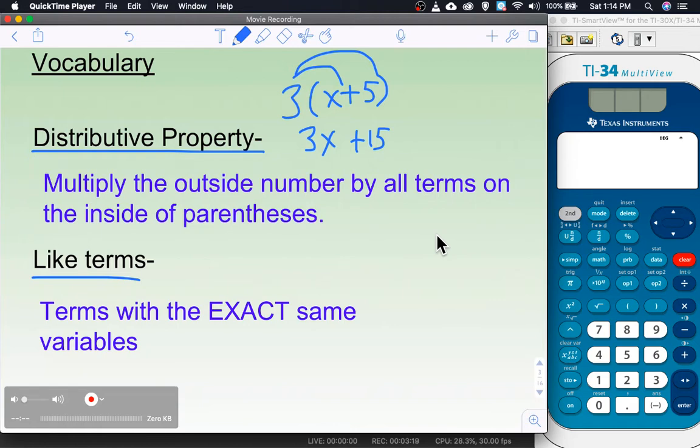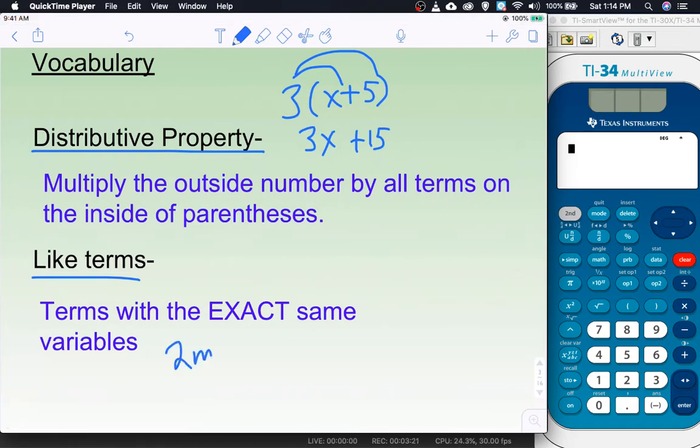Like terms would be something like 2m and a 3m. I can combine those together to get 5m. If I had negative 3 plus 6m minus 9, I could combine the negative 3 and the negative 9.